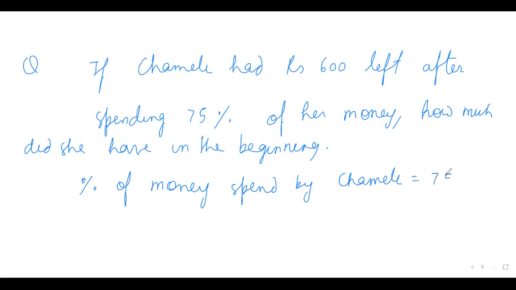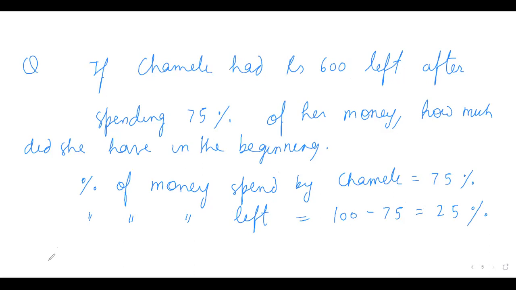is 75%. So the percentage of money left is, if she has spent 75%, how much is left? 25% of the money is left. So that is 600.